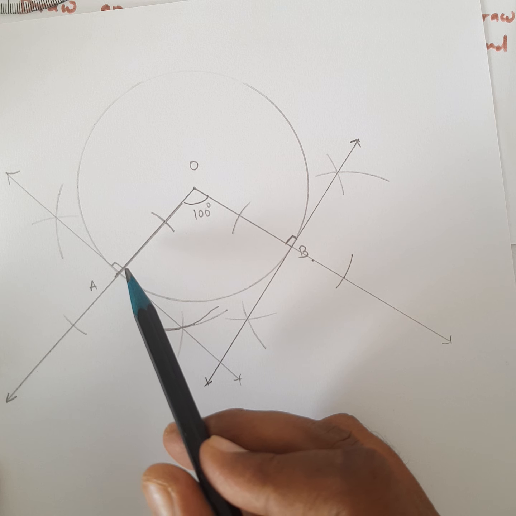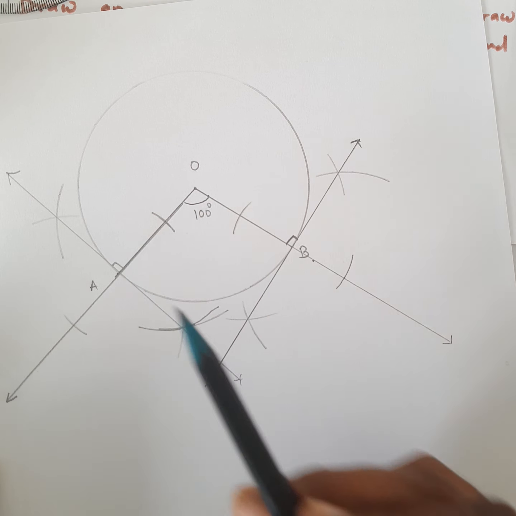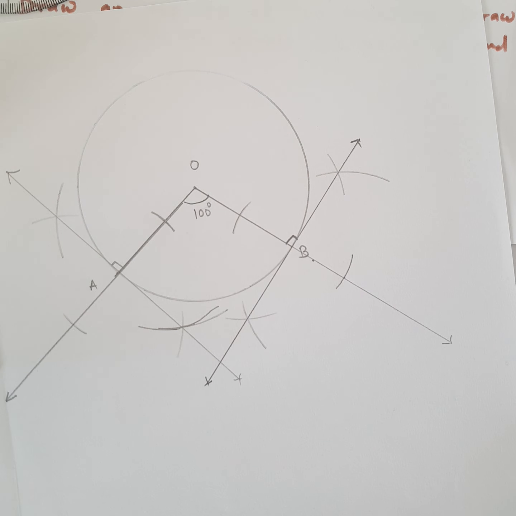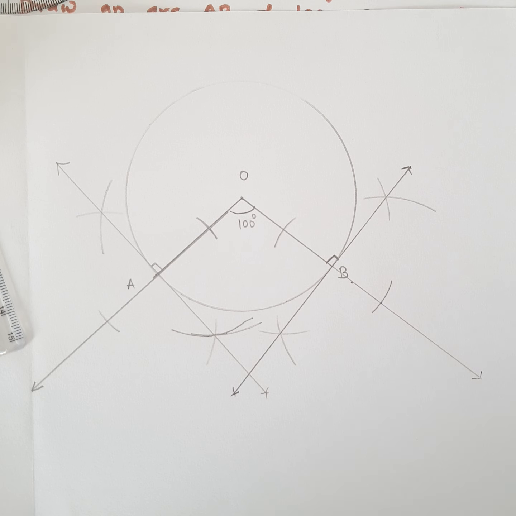Then we followed the procedure for construction of tangents to the circle from a point on the circle. In this way, in this lecture, we have seen these two constructions and three MCQ examples, and explained the second and third construction.